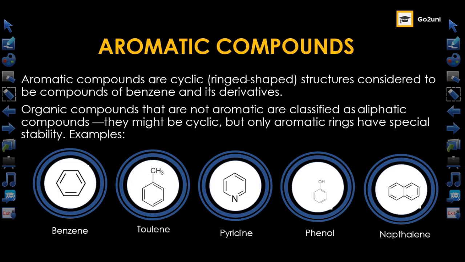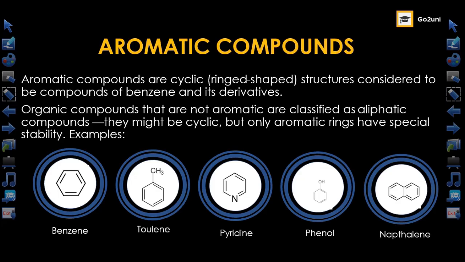Examples of aromatic compounds, as we can see displayed, are benzene, toluene, pyrimidine, phenol, naphthalene, etc. In the case of naphthalene, you can see it is a double benzene structure. Phenol has the OH, the hydroxyl group, attached to the benzene ring.